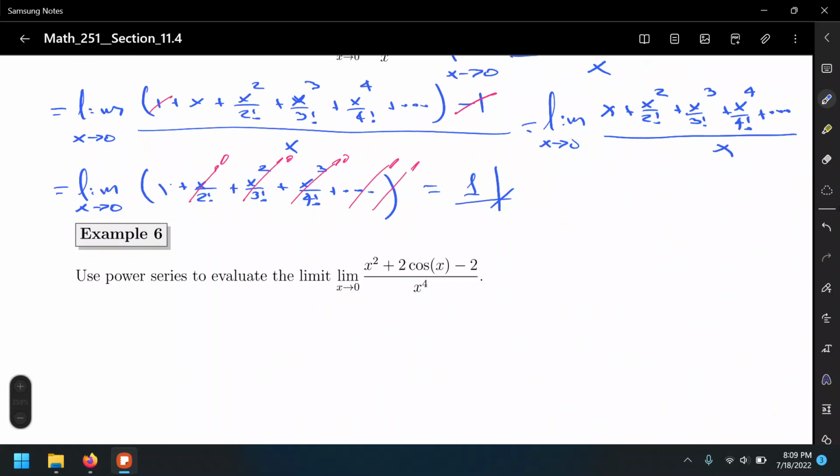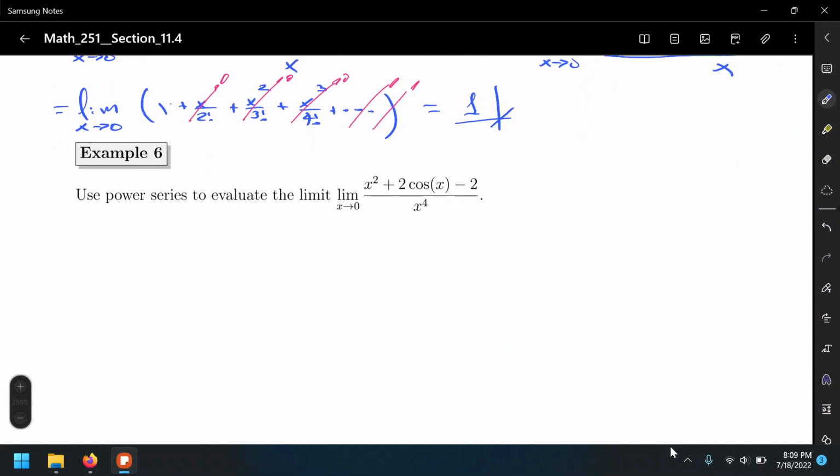Let's do another limit. These are fun to do. So for this limit expression, this is the limit of x squared plus 2 times the series for cosine, in this case nothing crazy, nothing fancy, just negative 1 to the n, x to the 2n, no compositions in this case like before, over 2n factorial, and then minus 2.